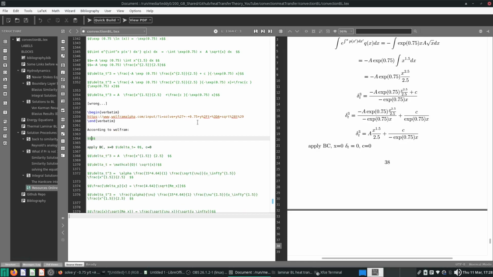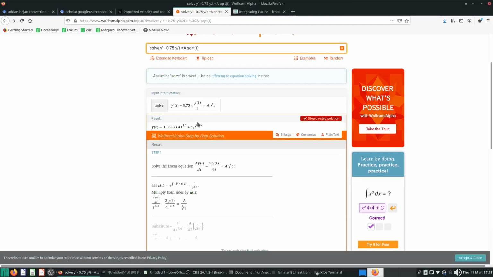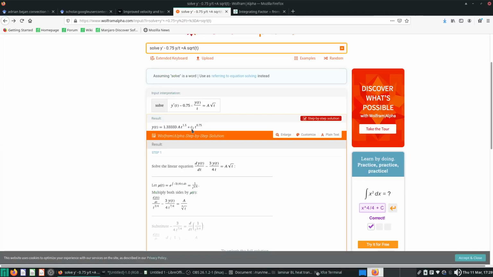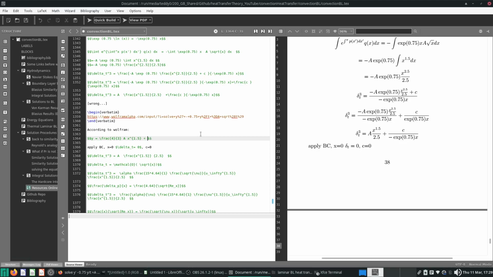The correct solution here is y equals 4 over 3 a t to the power of 1.5, or x to the power of 1.5, plus an arbitrary constant times x to the power of 0.75, so we'll just put 0.75 here. This is the Wolfram solution. I don't believe Wolfram will go wrong.